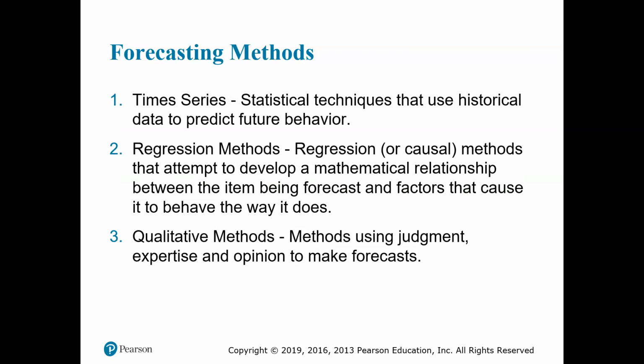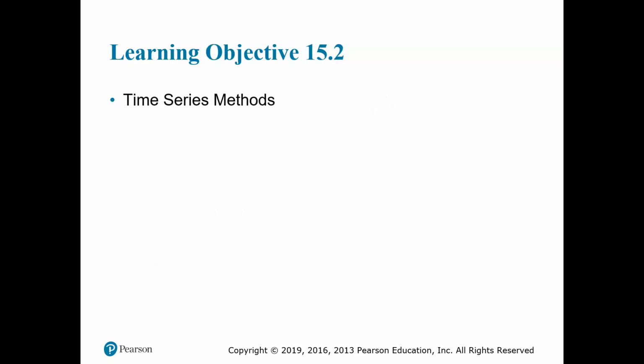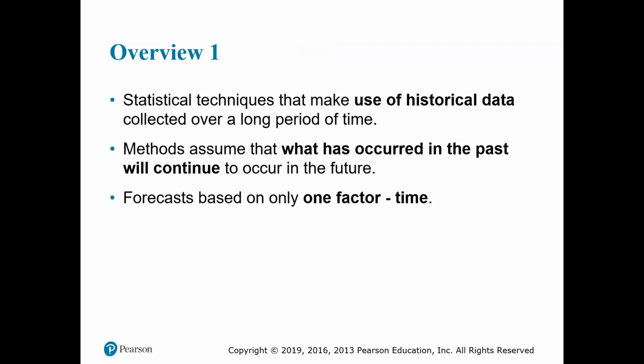So the forecasting methods that we're going to learn about in this chapter focus on the time series techniques, using historical data to predict future behavior, whereas regression methods we would learn in other course material. Time series methods make use of historical data collected over a long period of time.